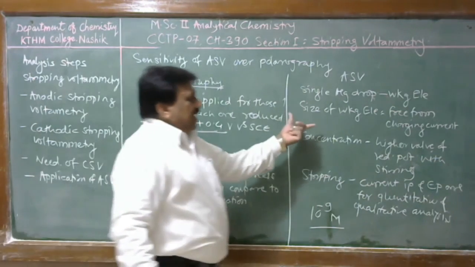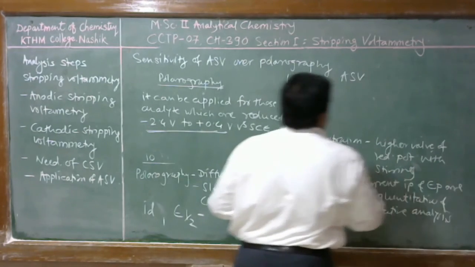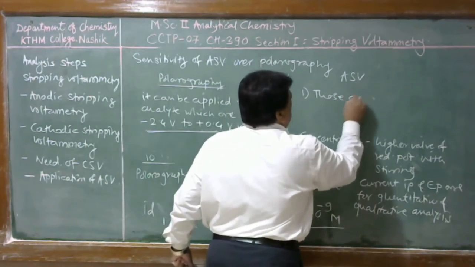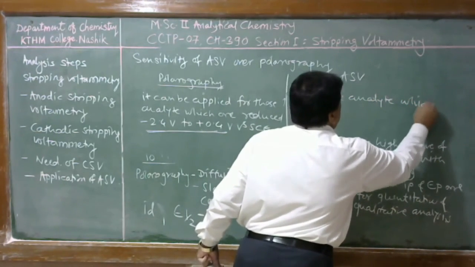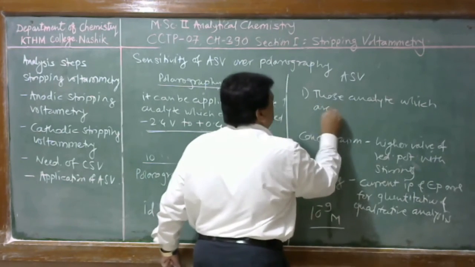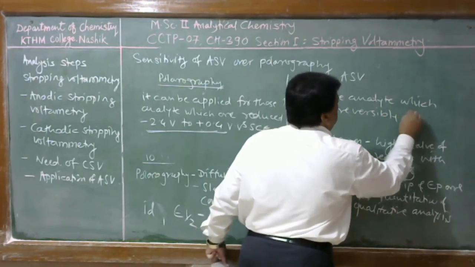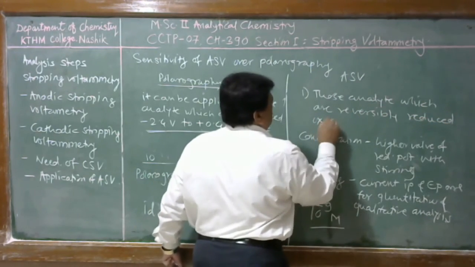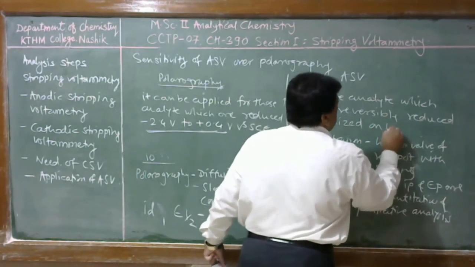In case of anodic stripping voltammetry, this technique is applicable for those analytes which reversibly reduce and oxidize on the working electrode.